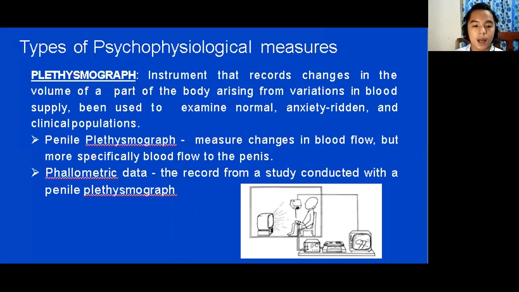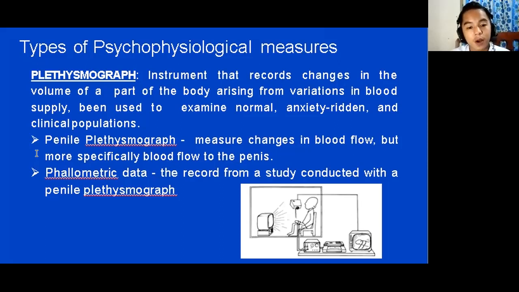Next is the plethysmograph. Generally, it is an instrument that records changes in the volume of a part of the body arising from variations in blood supply. The volume of a part of the body, or many different parts of the body. So it could be in your arms or whatever part of your body, and it has been used to examine normal, anxiety-ridden and clinical populations.